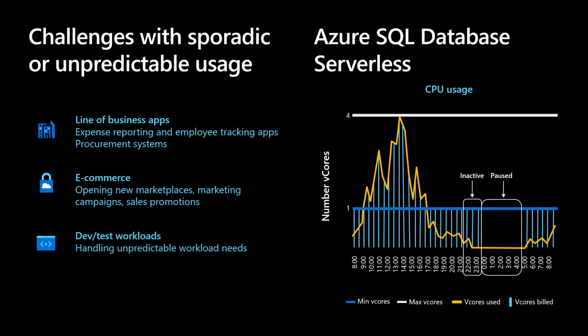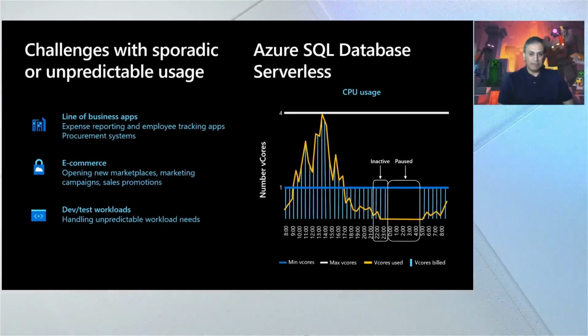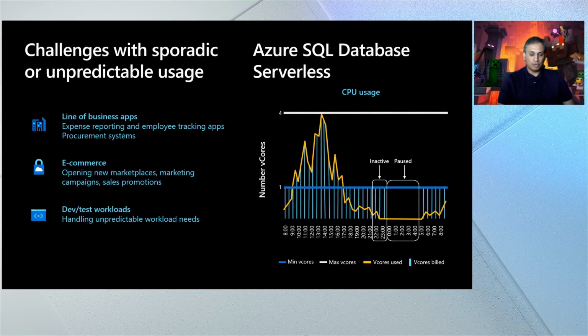So at that point, you're no longer paying for the compute and your database is backed up, so you're only paying for the storage. If your workload comes back again, we will automatically restart the compute. We will persist all your original settings, so we restart it, attach your database, and your application starts running again. So you will have a very seamless experience.